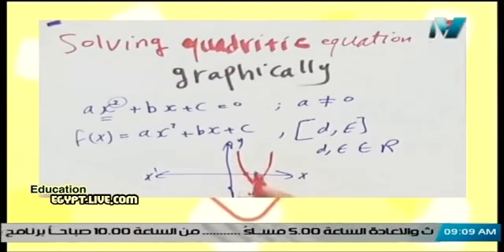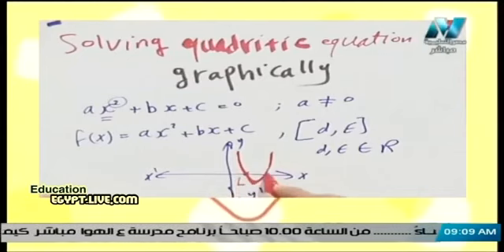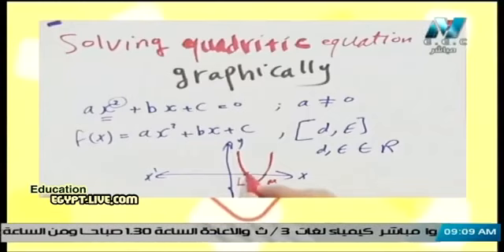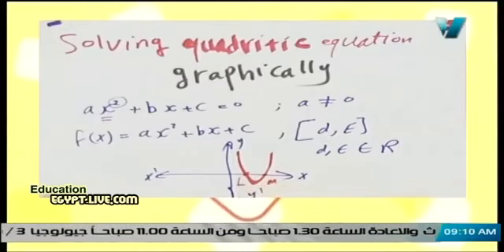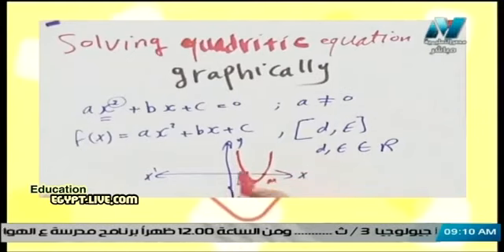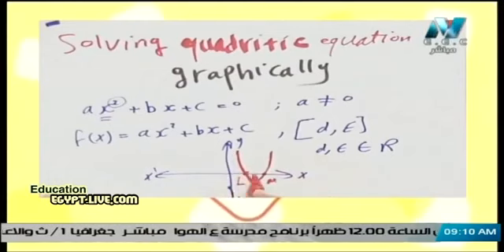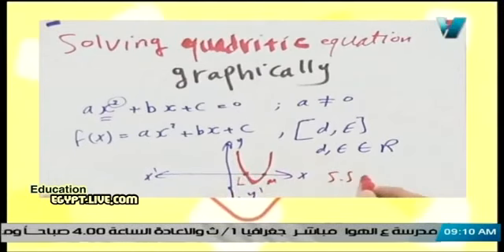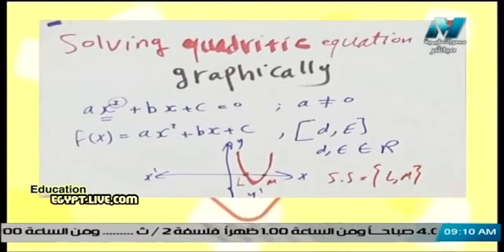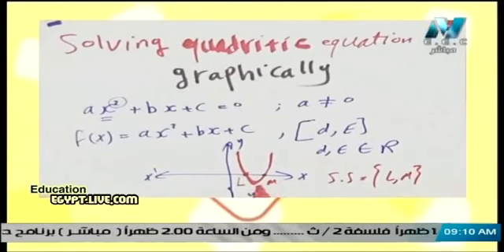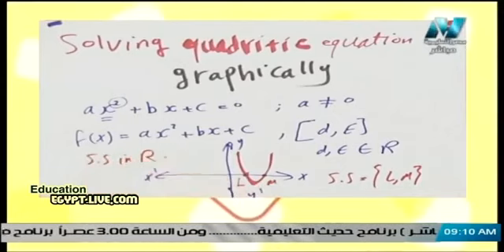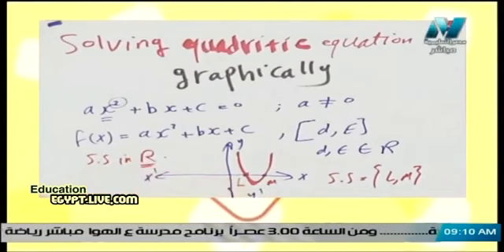Say this point is L and this point is M. So the graph here makes intersection points with the x-axis at L and M. The solution set will be L and M. We have to find the solution set in R. What is R? It is the set of real numbers.